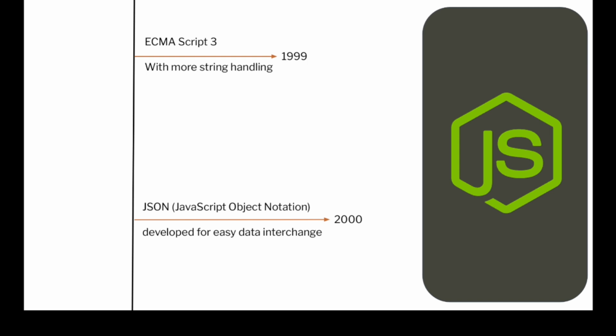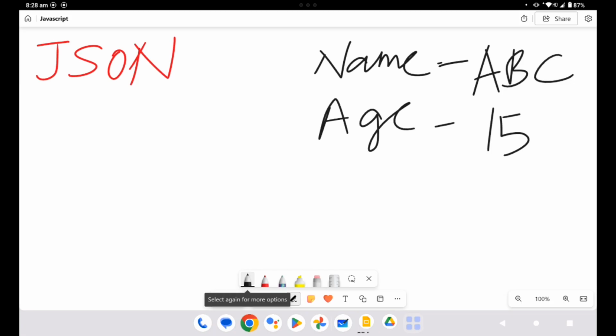And by 2000 something called JSON, JavaScript Object Notation, had been developed for quicker and easier data transfer between websites, between servers, everything. So what is JSON? How will a JSON object look? Let's take these two data, name ABC and age 15, and represent this data in the form of a JSON object.